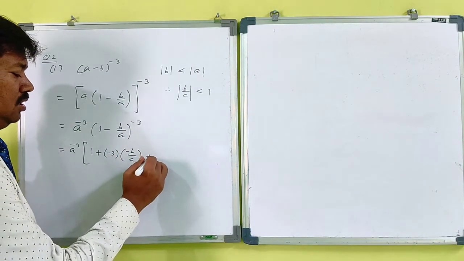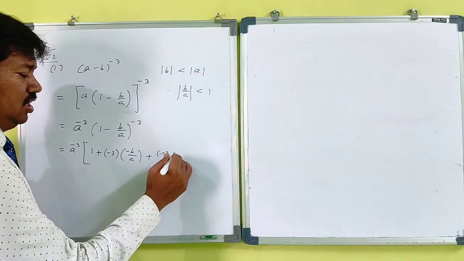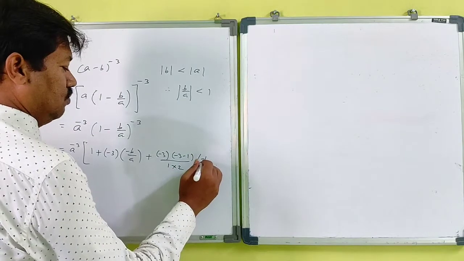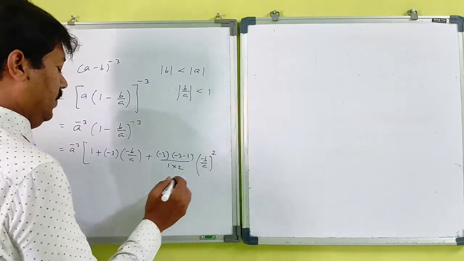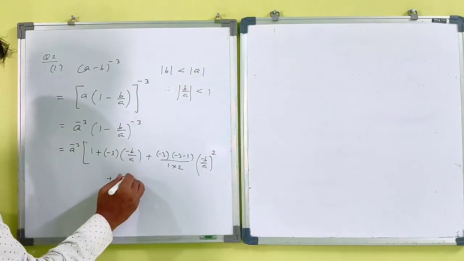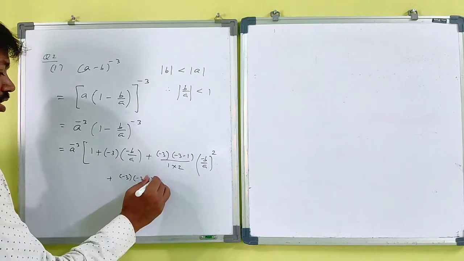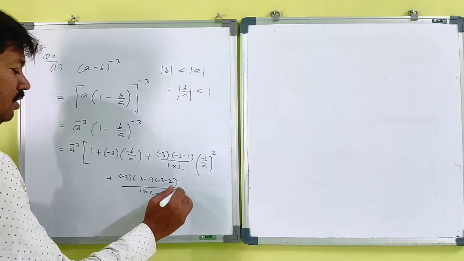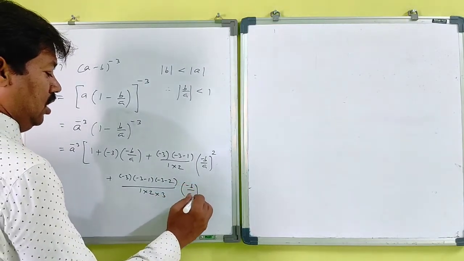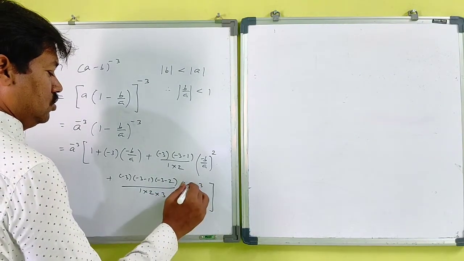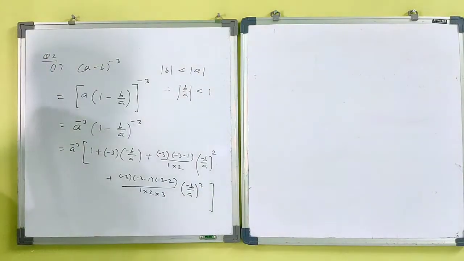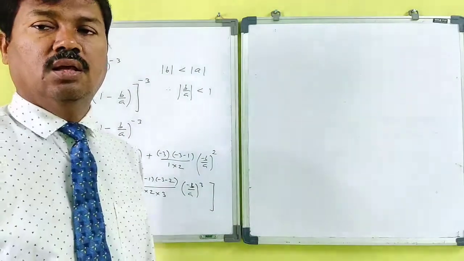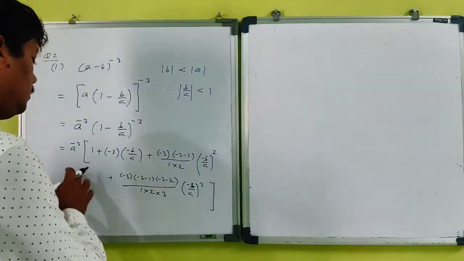The next value will be minus 3 into minus 3 minus 1 upon 2 factorial, minus b upon a square, plus minus 3 into minus 4 into minus 5 upon 3 factorial, minus b upon a cube. So the expression becomes this way.